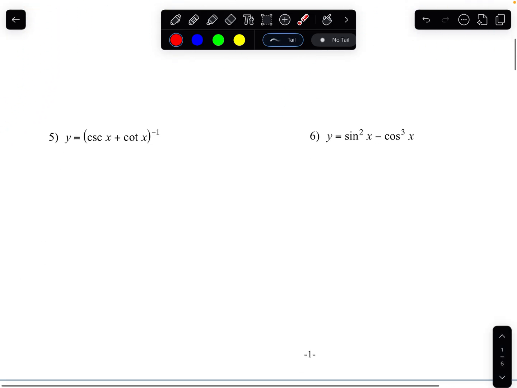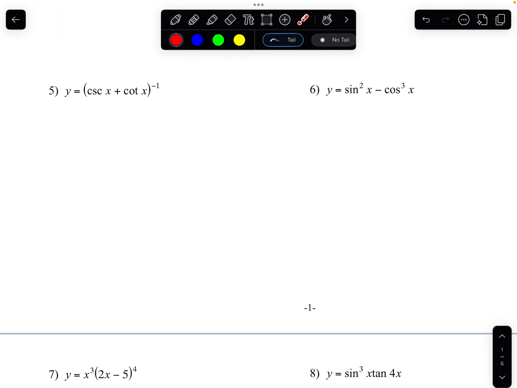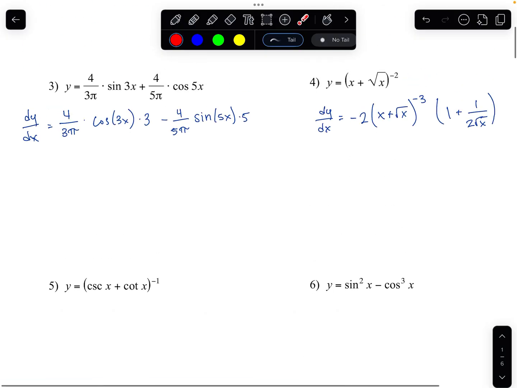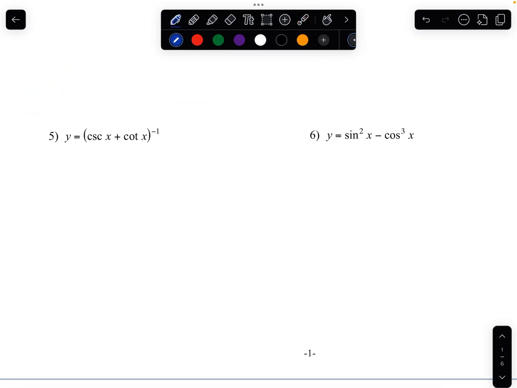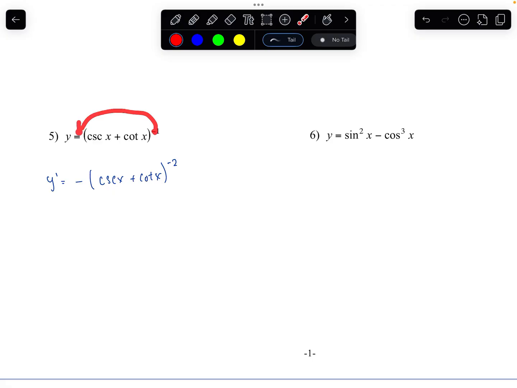Okay. For 5, looks like this is very similar to what we just did here. We're going to use the power rule. So y prime is going to be equal to negative cosecant of x plus cotangent of x to the negative 2. Alright, so I took the derivative of the outside function. Now I'm going to go inside right here.